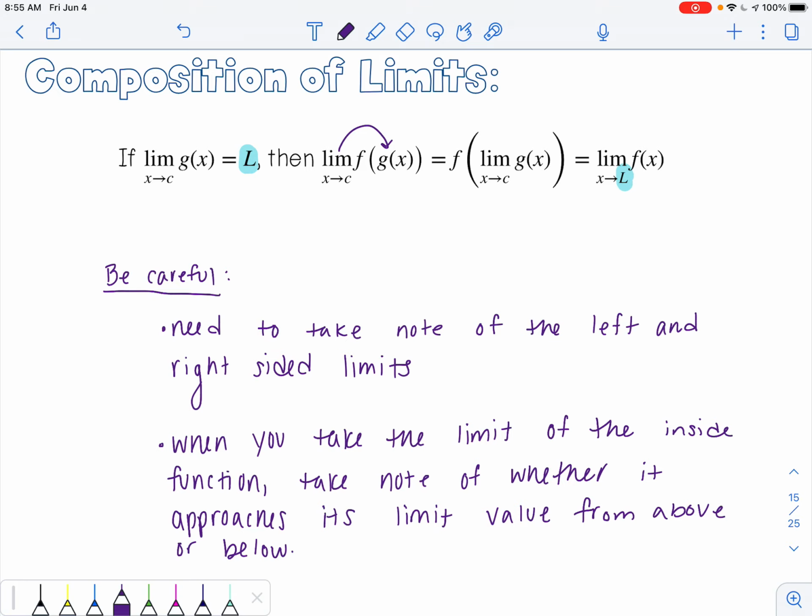So we want to take note of whether it approaches that limit value for the inside function from above or below, because sometimes we need to use that for the outside function to say whether or not we're actually taking the limit from the right or the left.